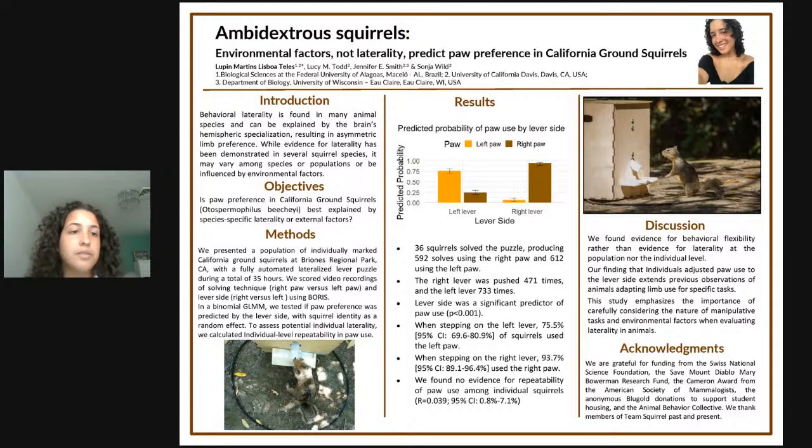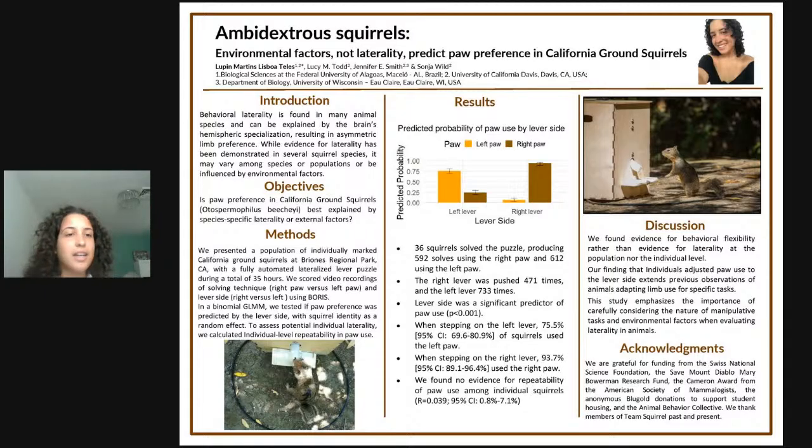As for the repeatability, whether each squirrel used one paw more than the other, the results were actually negative. We found no evidence for repeatability, and for that we used a bootstrap method, where we bootstrapped 100 times to get this result.